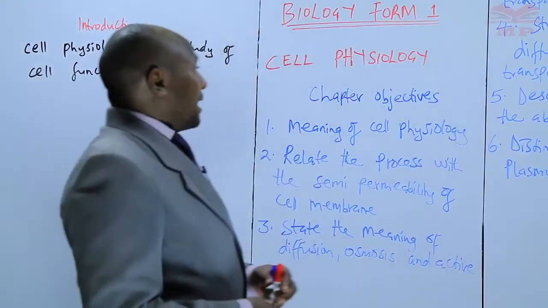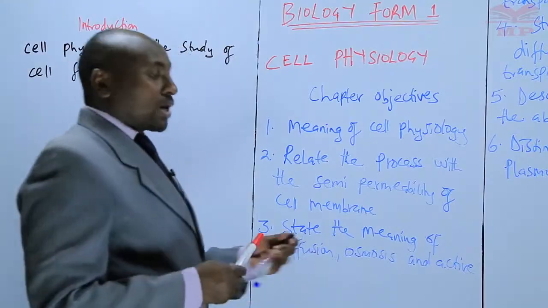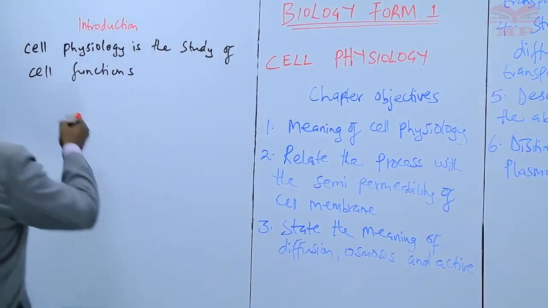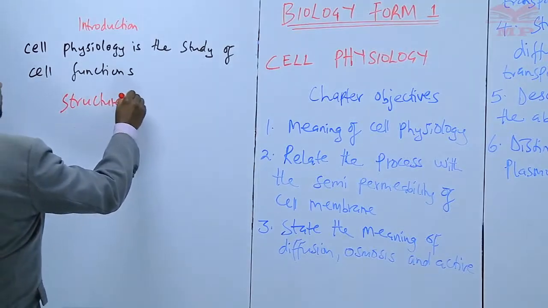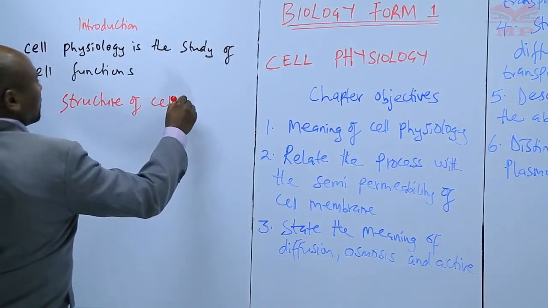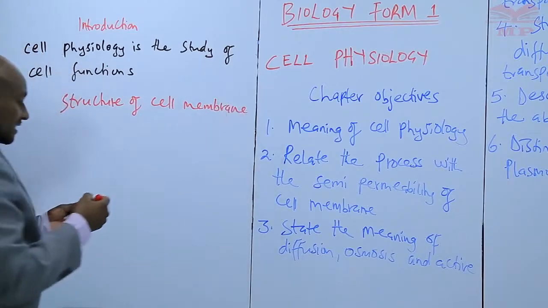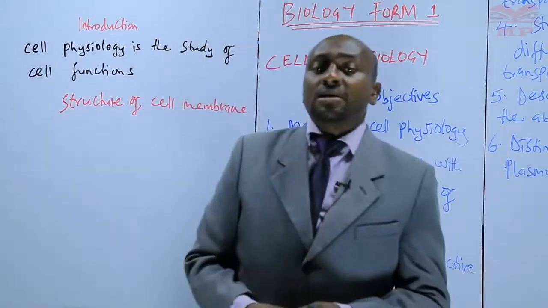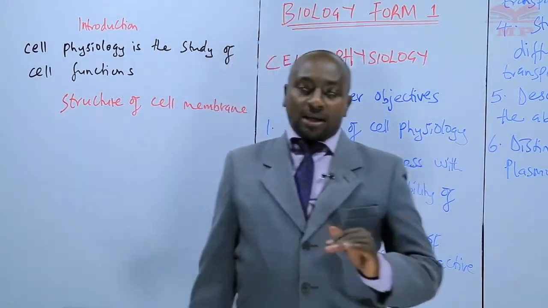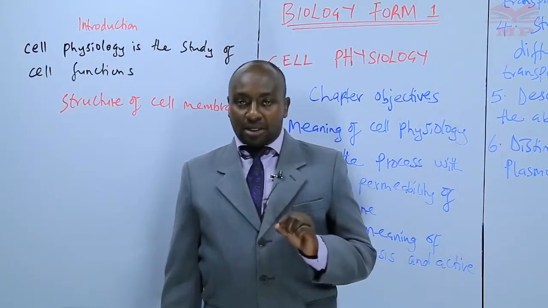Now, a very important aspect of cell physiology that we also need to look at is the structure of cell membrane. We need to look at the structure of the cell membrane, because before something gets into the cell or out of the cell, it has to go through the cell membrane.